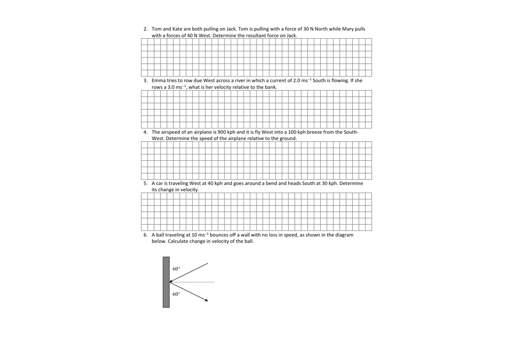So here we've got two forces acting together. We're after an addition. We're looking for a resultant force. What's the total force? So, very simply, just to label it out, we can use 1 square equals 10 newtons. And we know that Tom is pulling with a force of 30 newtons north.